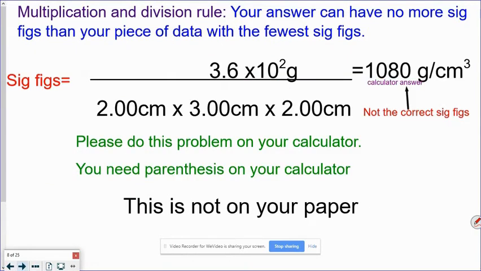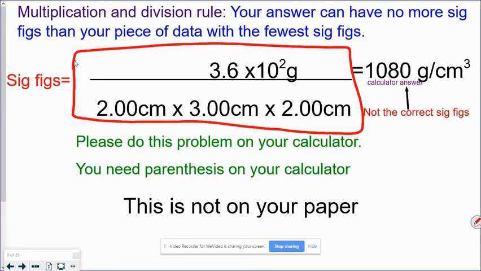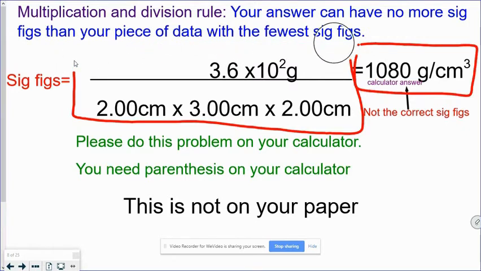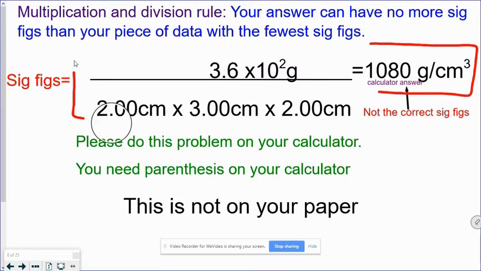All right, what I want you to do is type this into your calculator right here. If you end up getting this on your calculator, you punched it in correctly. If you do not get that, I'll give you a couple ideas. So pause it and see what you can get for an answer. If you did not get 1,080 on your calculator, this is what I am guessing you did wrong.